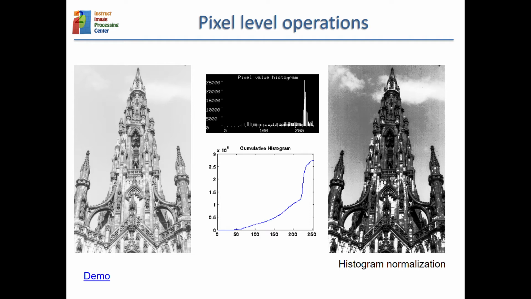So now you can use this histogram, or this cumulative histogram, as a transformation of the colors of each one of the pixels. And to do so, what you will do is to rescale this maximum value to 255.